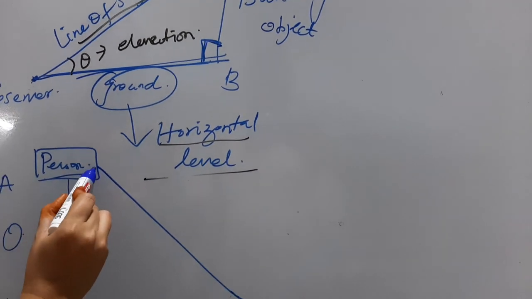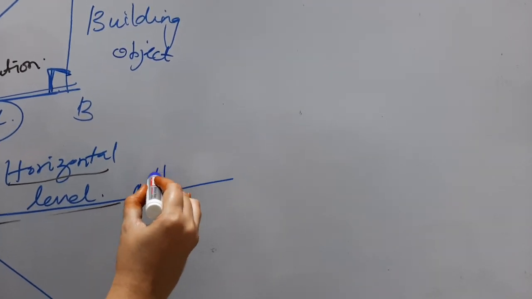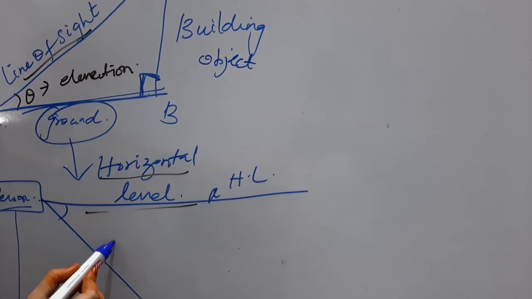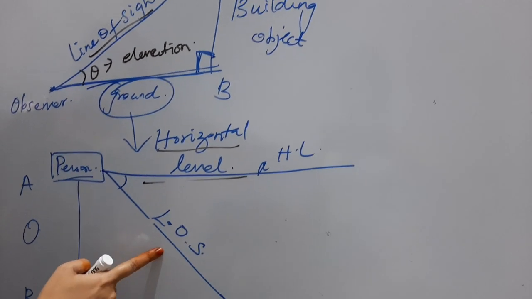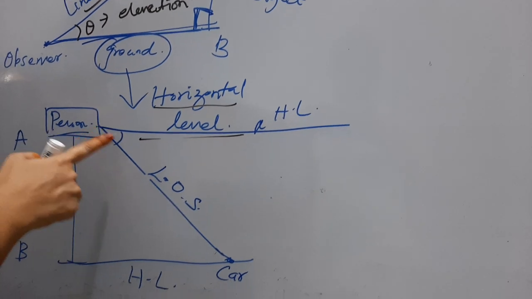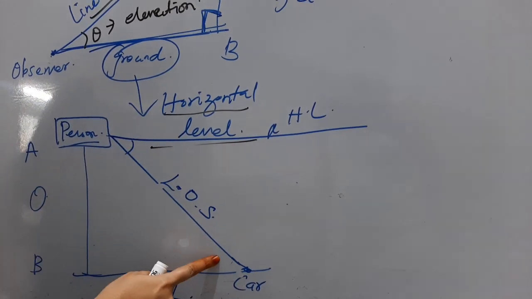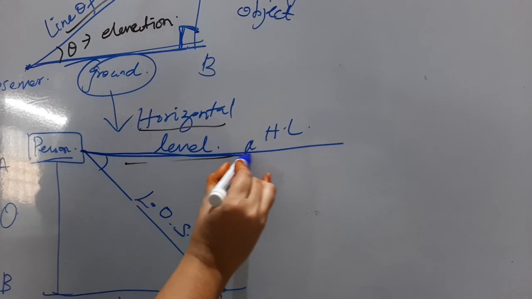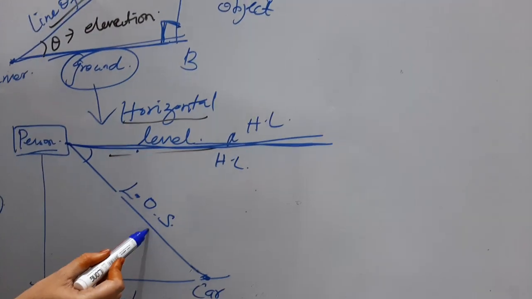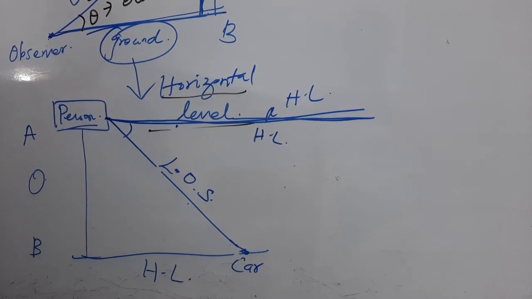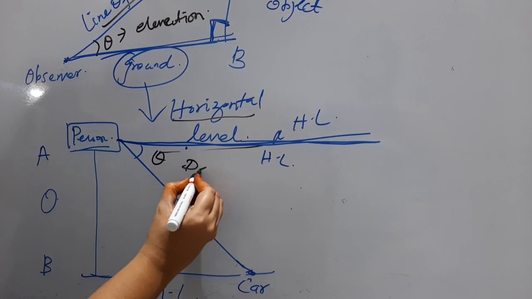Here the horizontal level should be drawn from the eye of the observer, and the line of sight is the line which connects the eye of the observer to the object. So from that person to the car, this is your line of sight, and this particular line from the eye of the observer is your horizontal level. If the line of sight is below the horizontal level, at this point of time the angle made is the angle of depression.